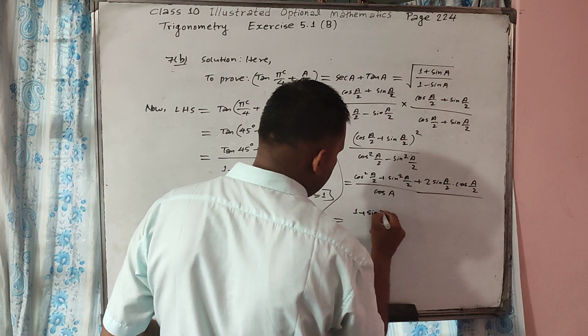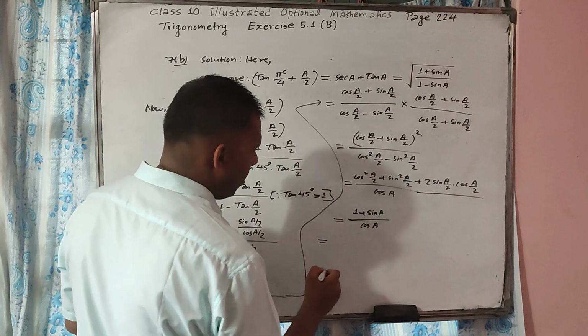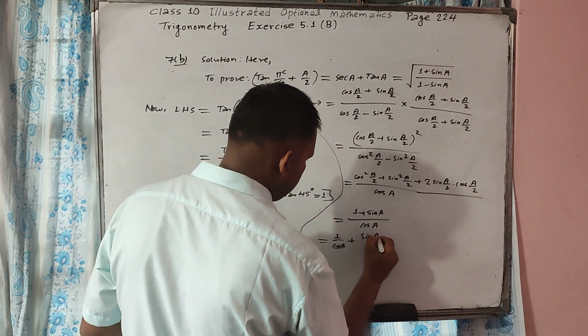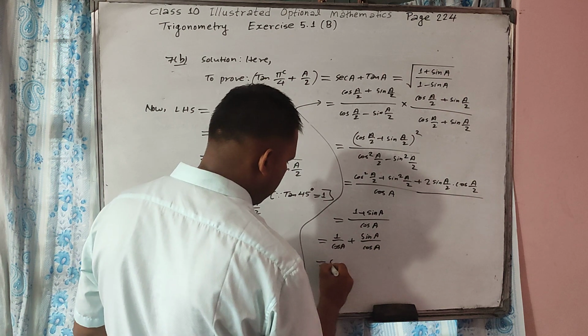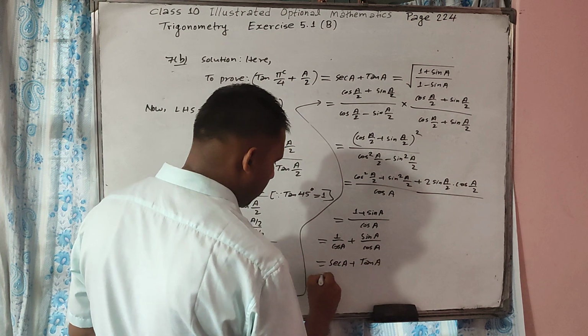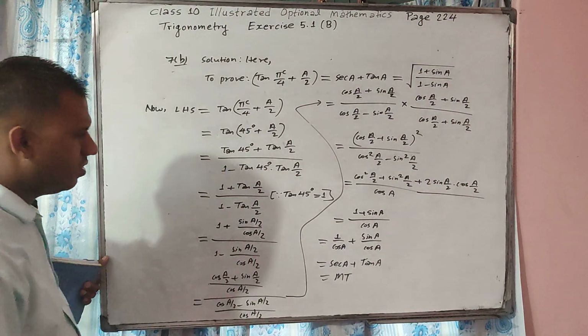So (1 plus sin a) whole upon cos a, so 1 by cos a plus sin a by cos a equal to sec a plus tan a, that is the middle term.